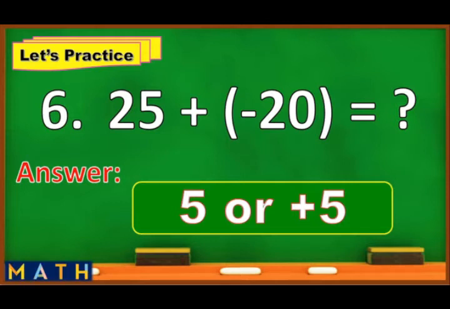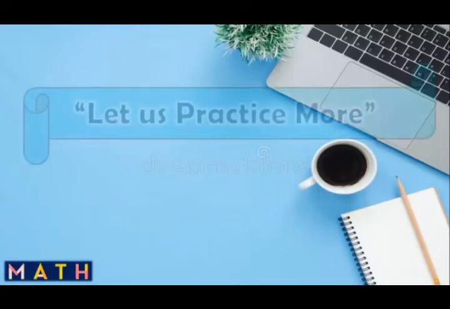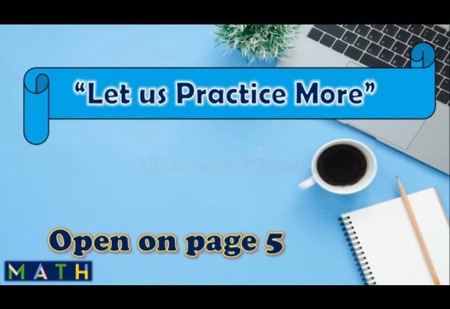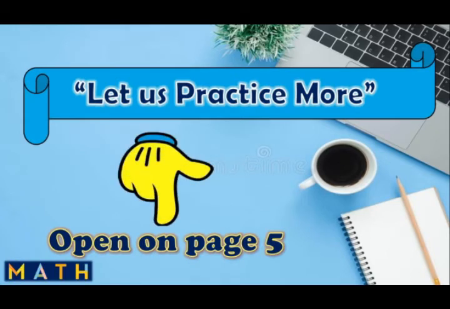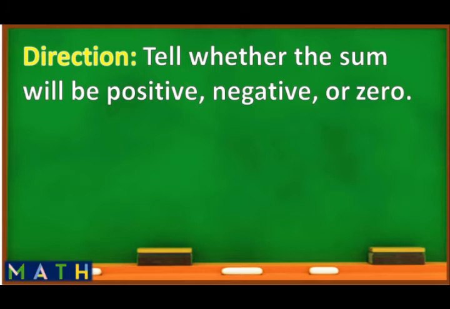Great! By this time, let's continue practicing so as to master your knowledge about our lesson. Turn your module to page 5 and let us try to answer the activity entitled, "Let us practice more." In this activity, you are directed to tell whether the sum will be positive, negative, or 0.